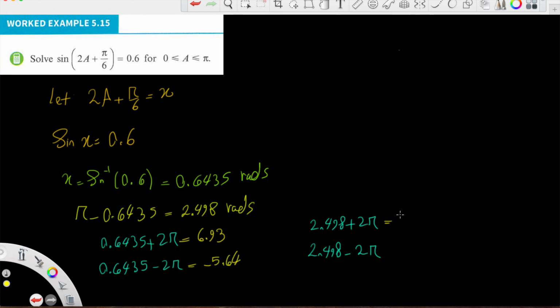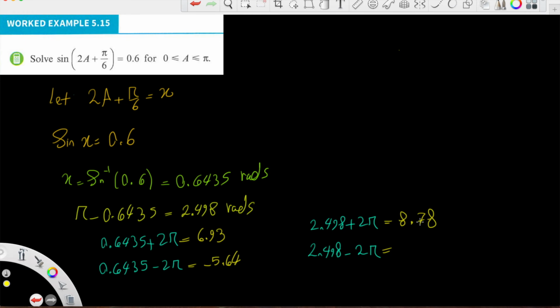Then for this one, it is 2 pi plus 2.498, which is 8.78.